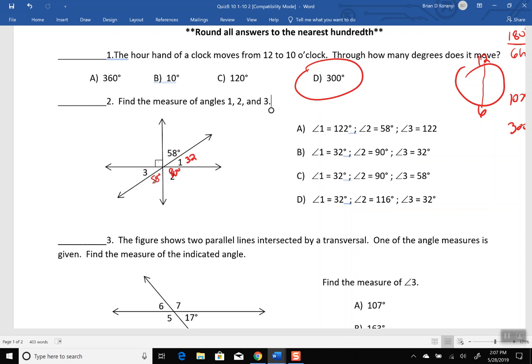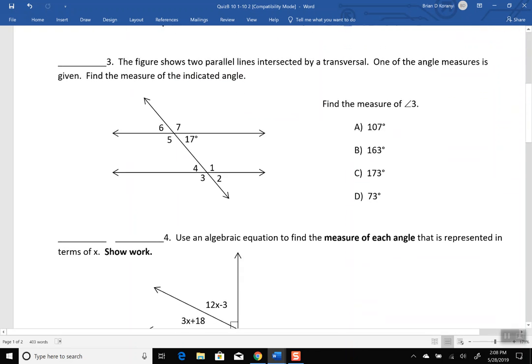And then 90 and 58 would be 148. So this must be 32 degrees then, because of vertical angles, but also to add up to 180. And if I were to add these three up, 58, 32, that's 90. 90, 90 is also 180. So angle 1 is 32 degrees, angle 2 is 90 degrees, and angle 3 is 32 degrees.